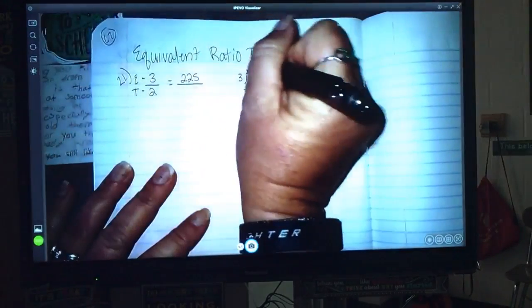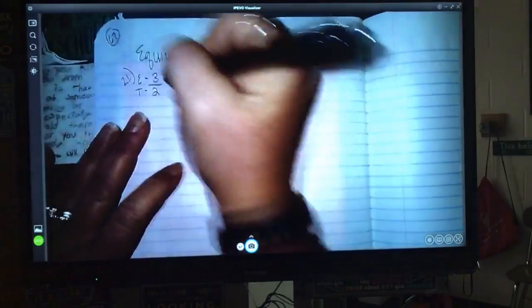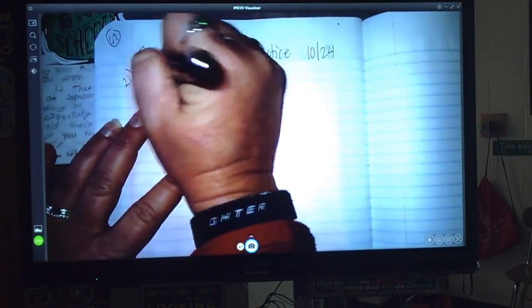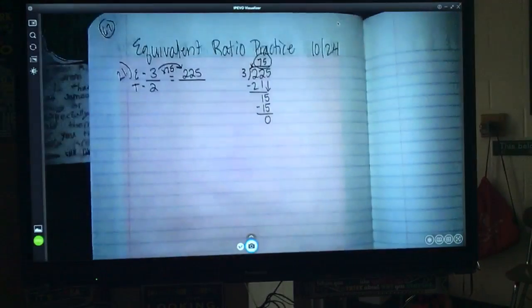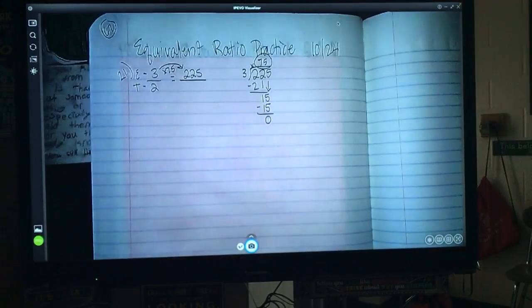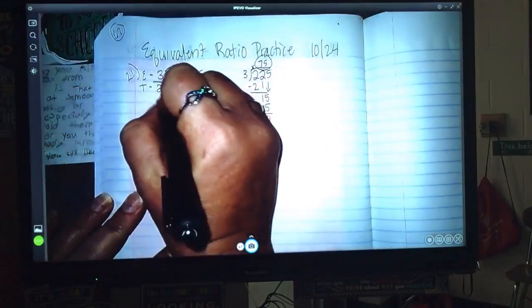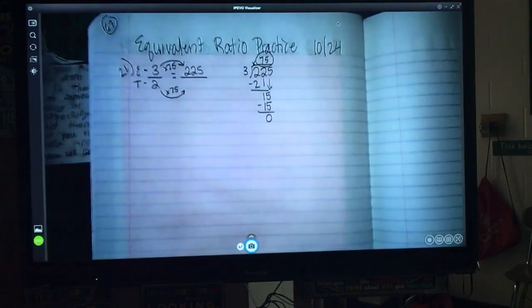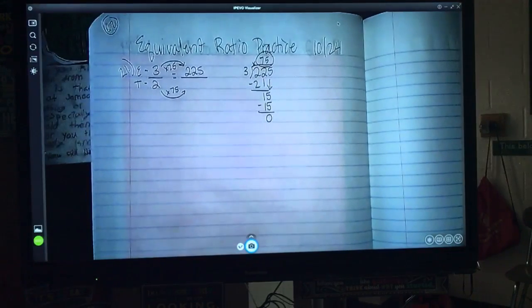So we are multiplying by 75. So when I go from 3 to 225, I multiply by 75. So therefore, what do I have to do on the bottom if I multiply by 75 on the top? I have to do the same thing. So 75 times 2, raise your hand, what does that give you?